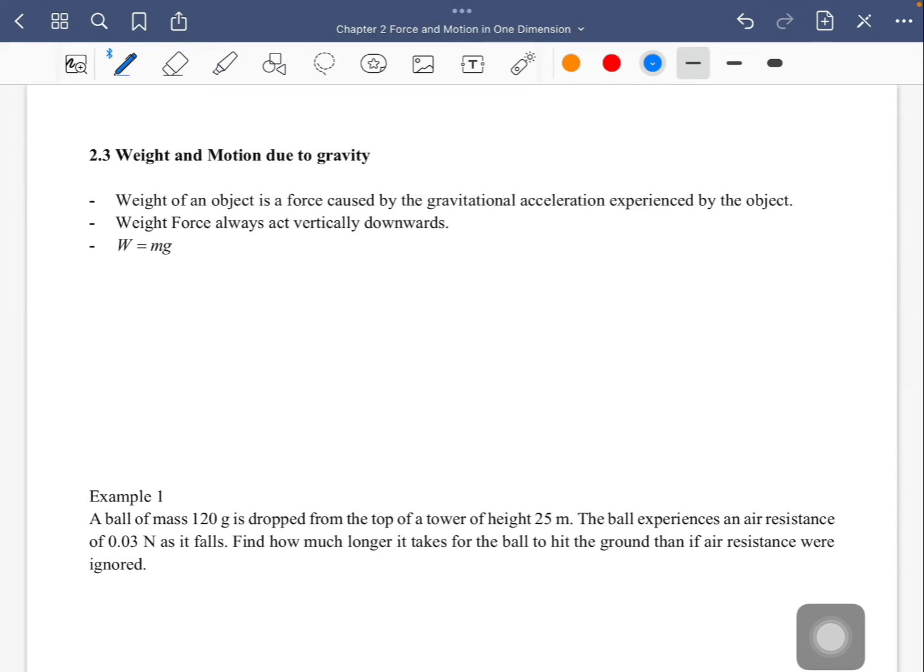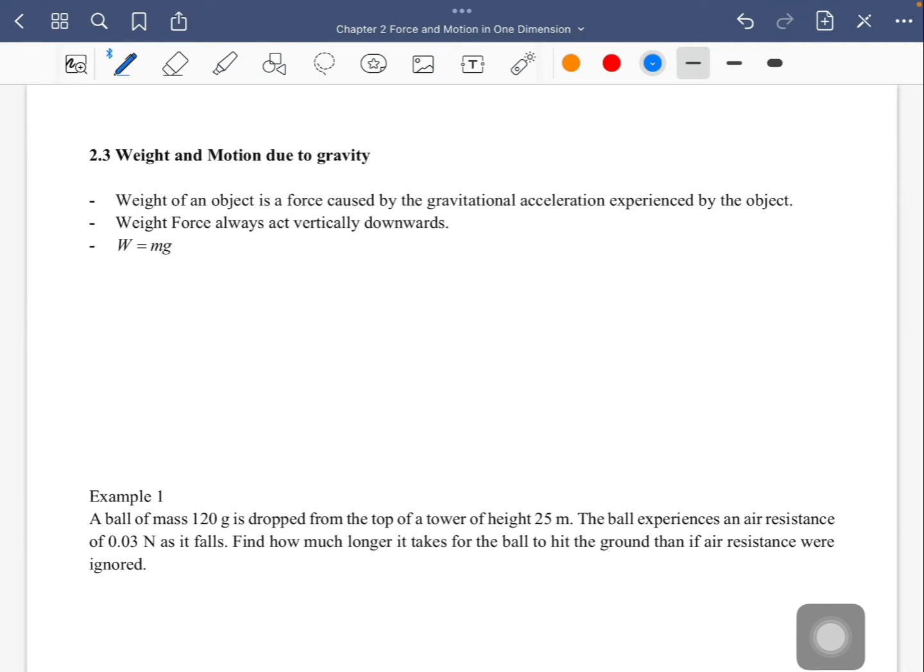This time, when we talk about force and motion due to gravity, we need to consider the forces on an object, especially the weight, plus any other forces on the object when it moves vertically, either up or down.